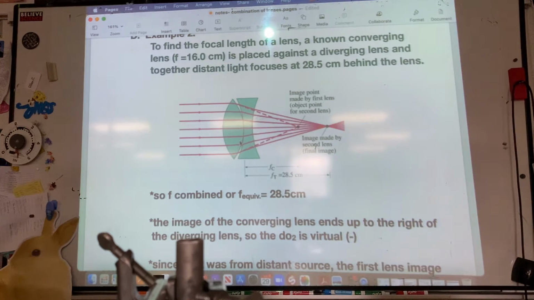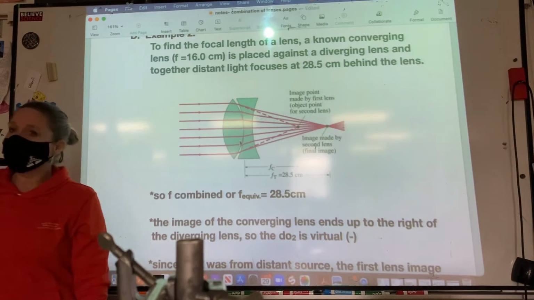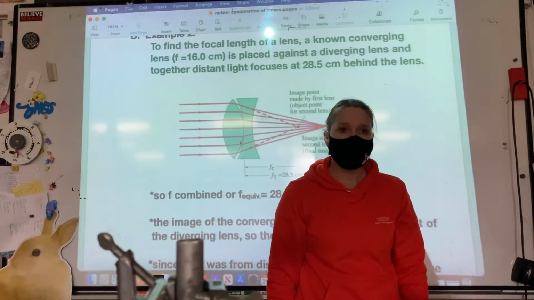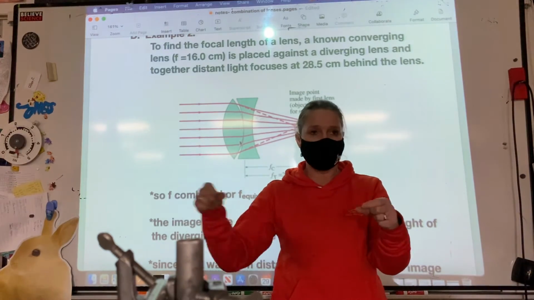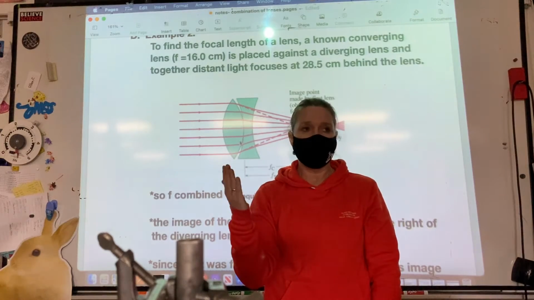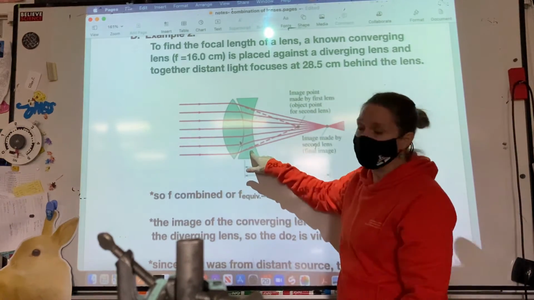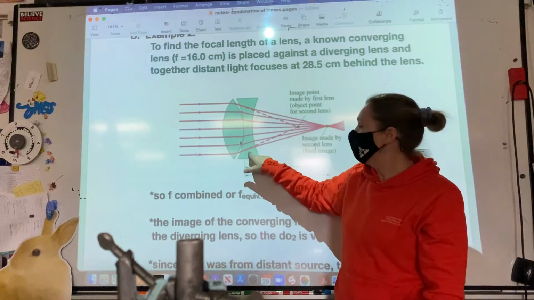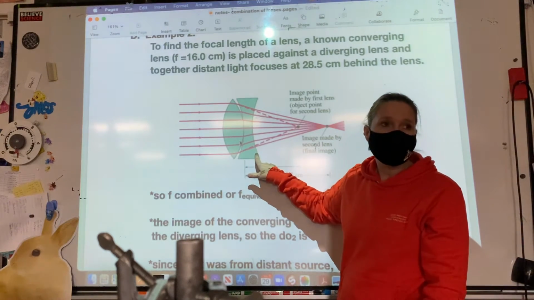Well, why didn't I have you do that with the diverging lens? You could not do that lab experimentally with this, but you can do a trick.